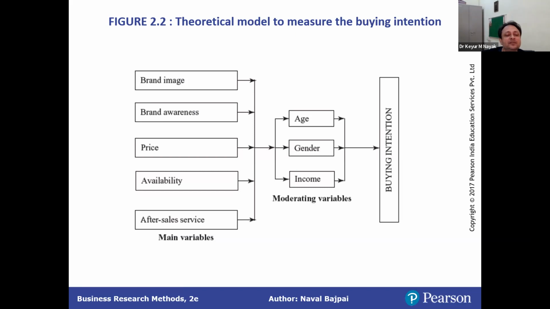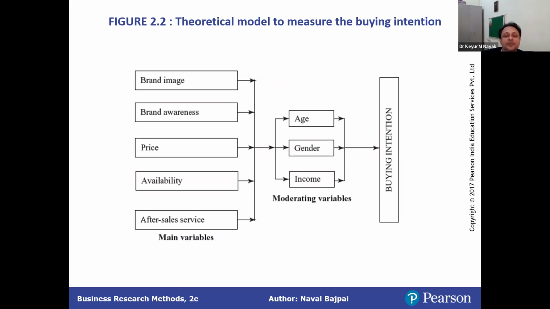If a product price is lower, it affects my buying intention. My age, my gender, my income, they do also affect my buying intention. So it's an example of which kind of research design? Only Shamiksha madam has replied. What about other attendees? I want good interaction in chat box at least. So this is an example of causal research design.